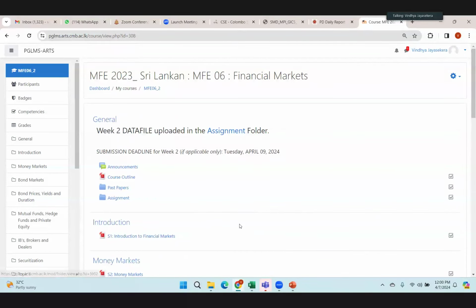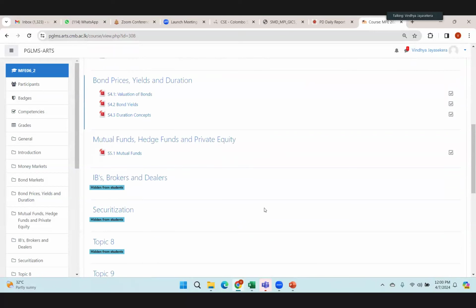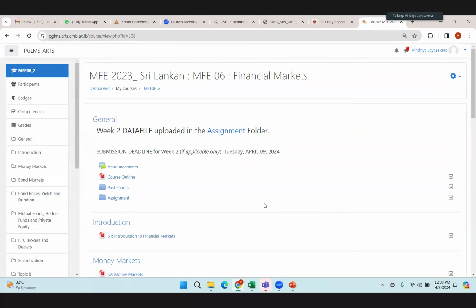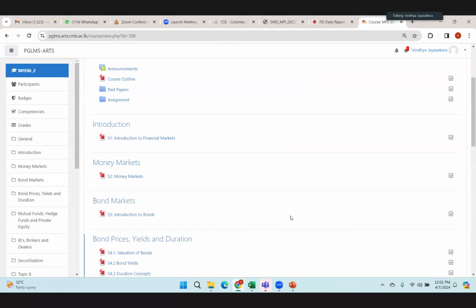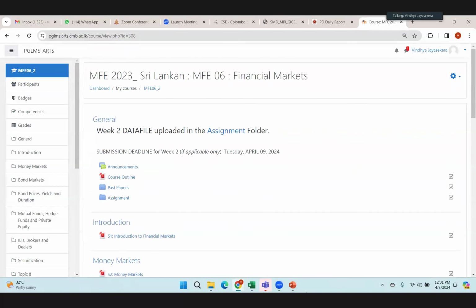It will be published somewhere here. So check for that below, not under the assignments folder. That's because I'm not available, so I have to make a bit of concessions here. So for that data file, check below when you're looking at your data.